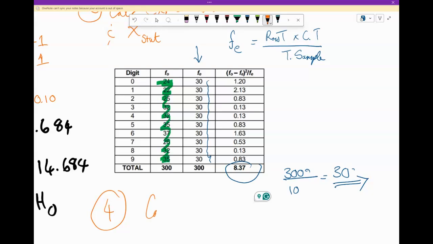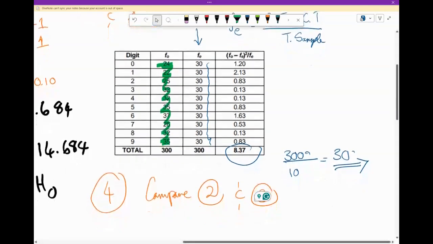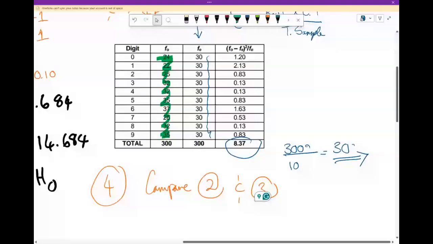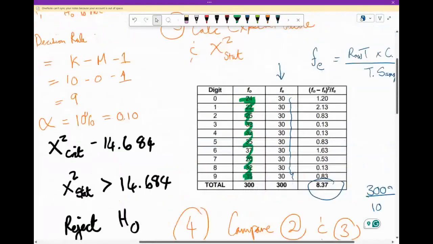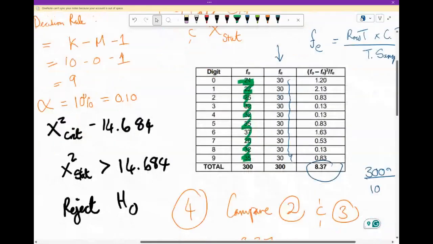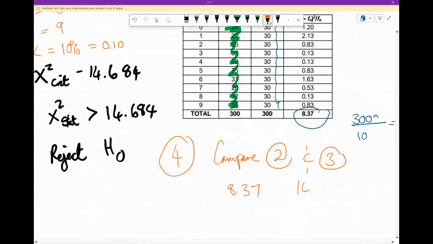In step number 4, we're saying compare step 2, the decision rule, and step 3, which is your chi statistic. So here, our chi statistic is 8.37, and we calculated our decision rule, or our chi crit, to be 14.684.